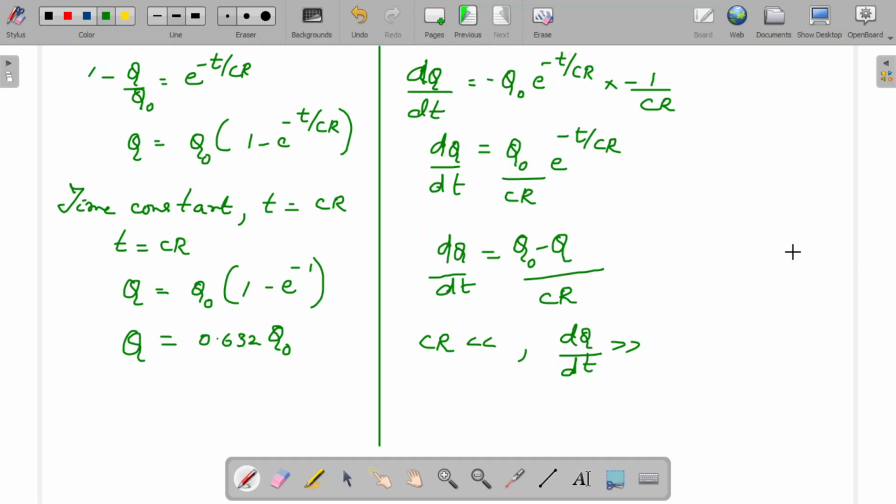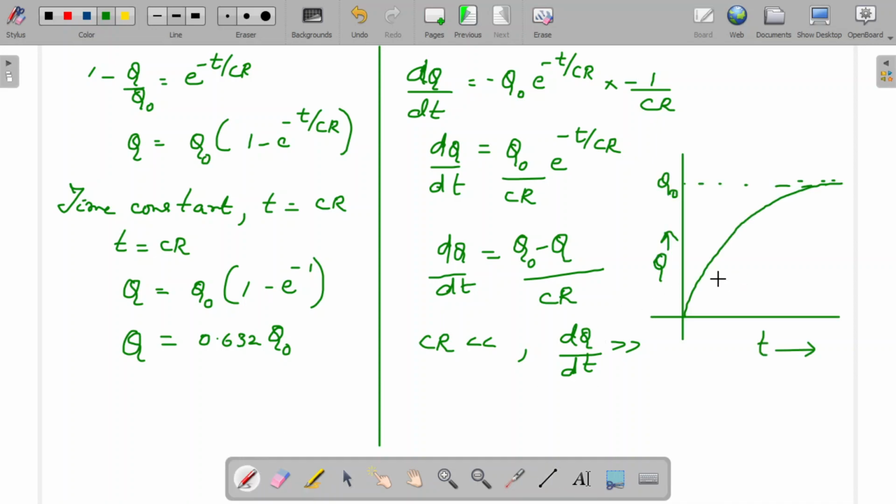So if I plot these two, as per the relation q equal to q0 into 1 minus e raised to minus t by CR, and plot the charge q against the time t, what we see is that the charge grows rapidly in the beginning, and then as t becomes larger and larger, the growth becomes less rapid, or very small.